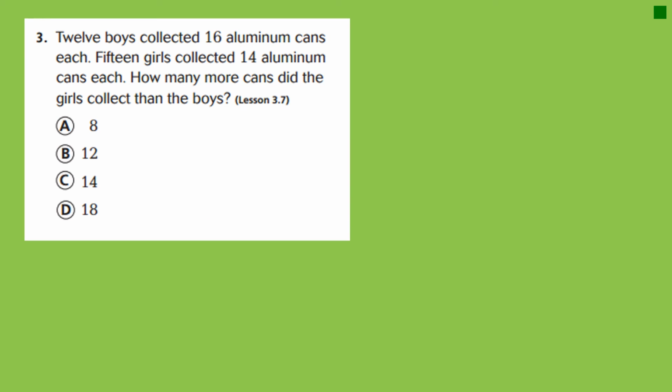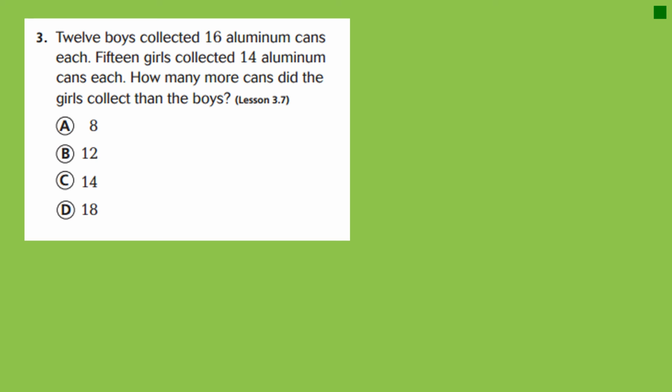We're down here in spiral review. 12 boys collected 16 aluminum cans each. 15 girls collected 14 aluminum cans each. How many more cans did the girls collect than the boys? Okay, the girls collected more than the boys.